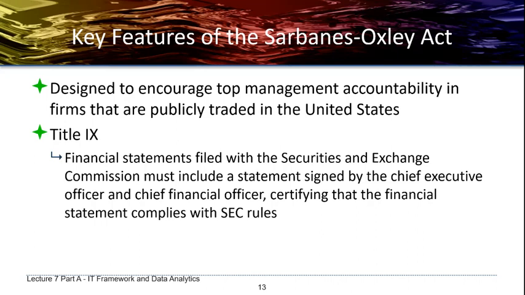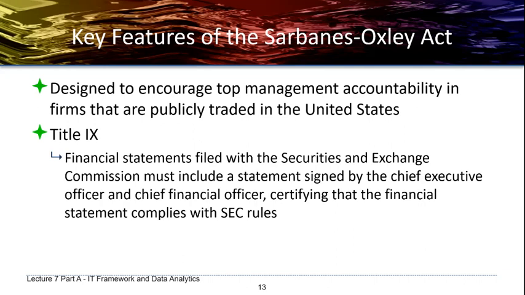At that time, for a publicly traded listed company, the financial statement did not need to be signed by the CFO and CEO. With this act, they said, okay, you have to sign. You are accountable.